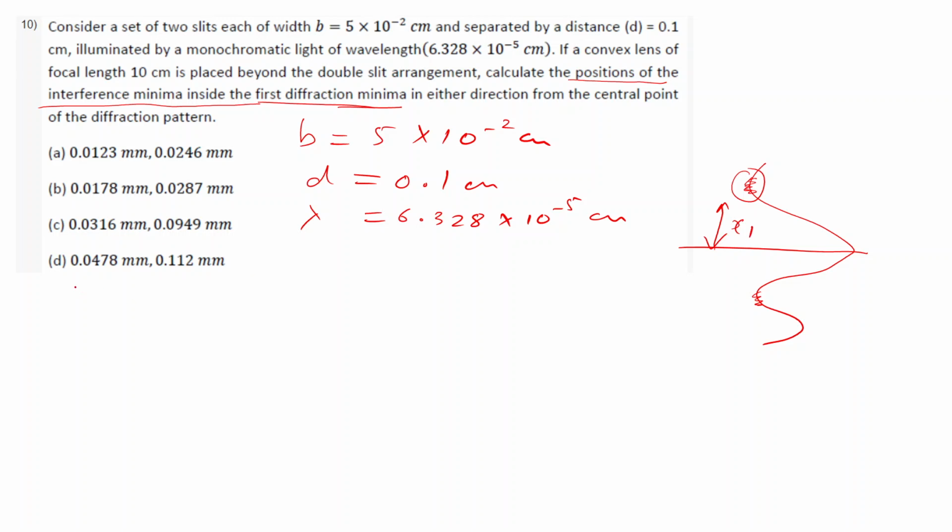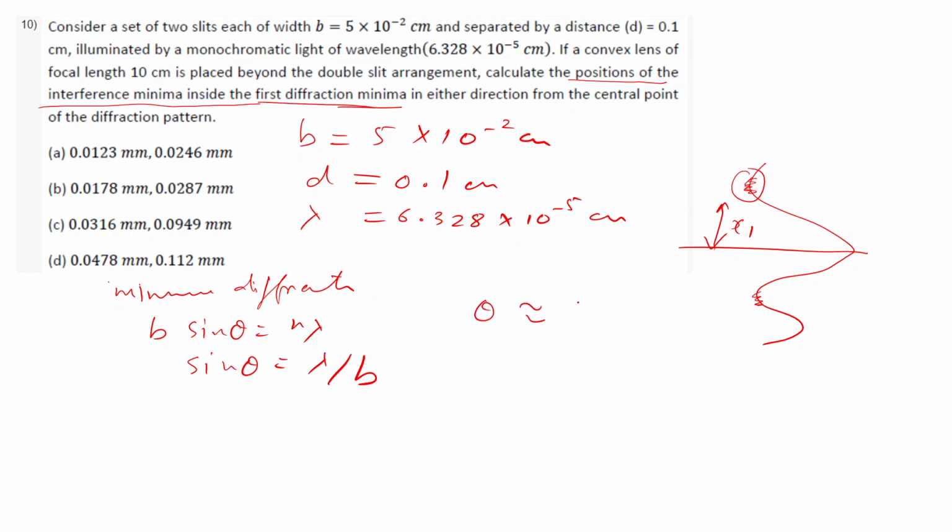So for minimum diffraction, first order minimum diffraction, the condition is, if B is the slit width, B sine theta is equal to n lambda, and for first, n is equal to 1. So sine theta will be lambda by B. Now also we know theta is equal to x1 by D, and the D here is this focal length, that is the distance that we have been given.